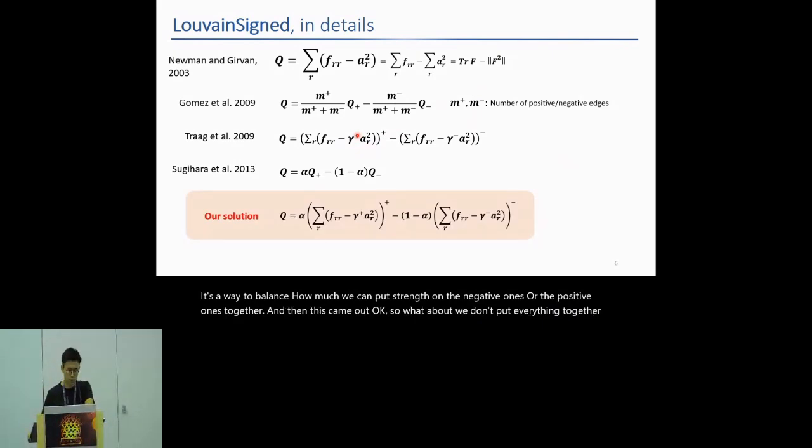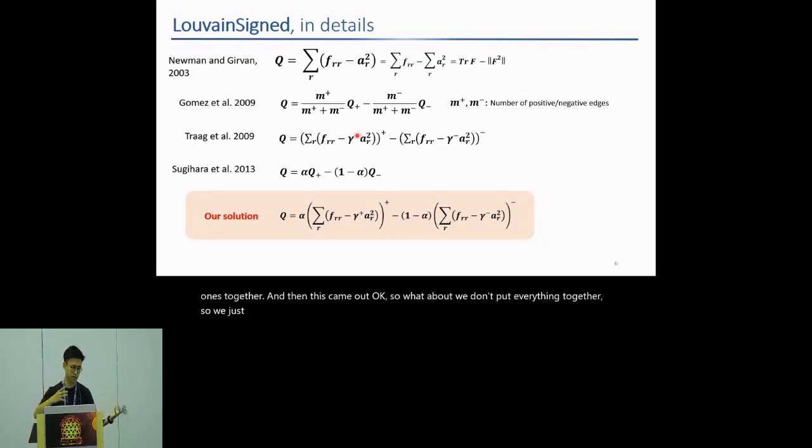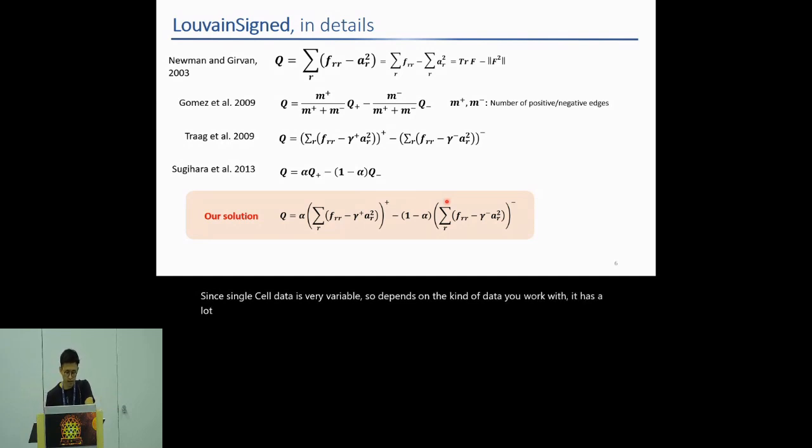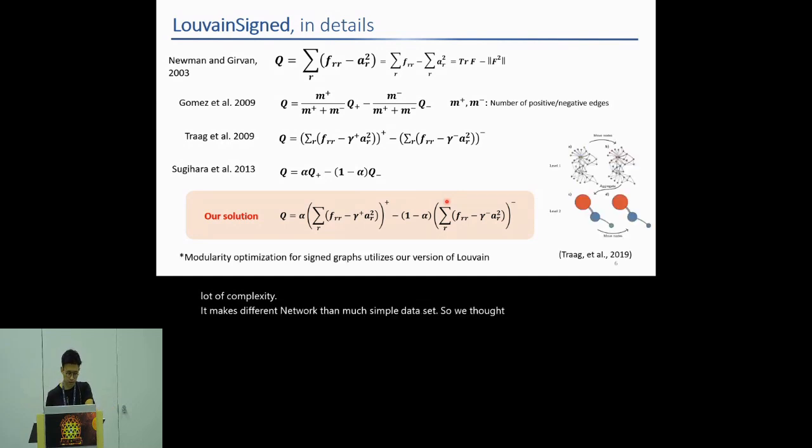So we just integrated this alpha balancing, but also included the resolution so that we can adjust, since single cell data is very variable. It depends on the kind of data you work with. It has a lot of complexity. It makes a different network than a much simpler data set. So we thought, okay, let's try this method.